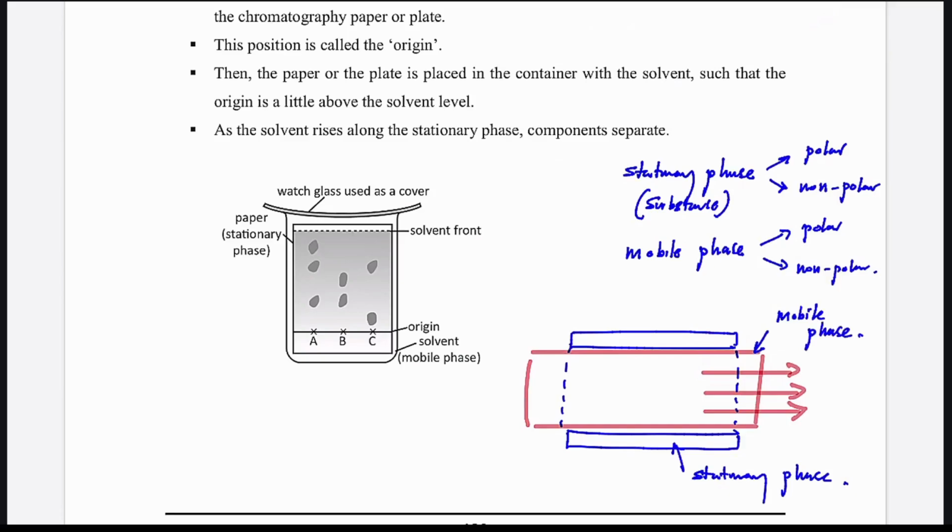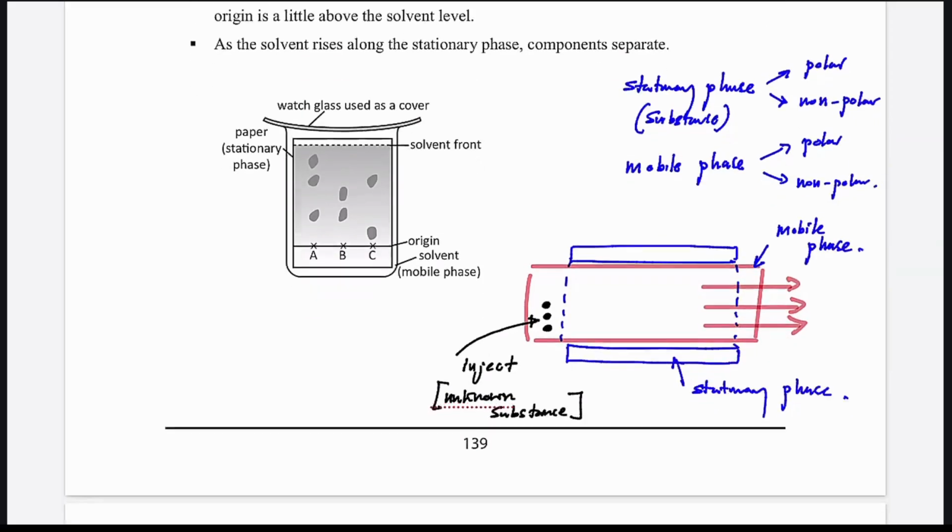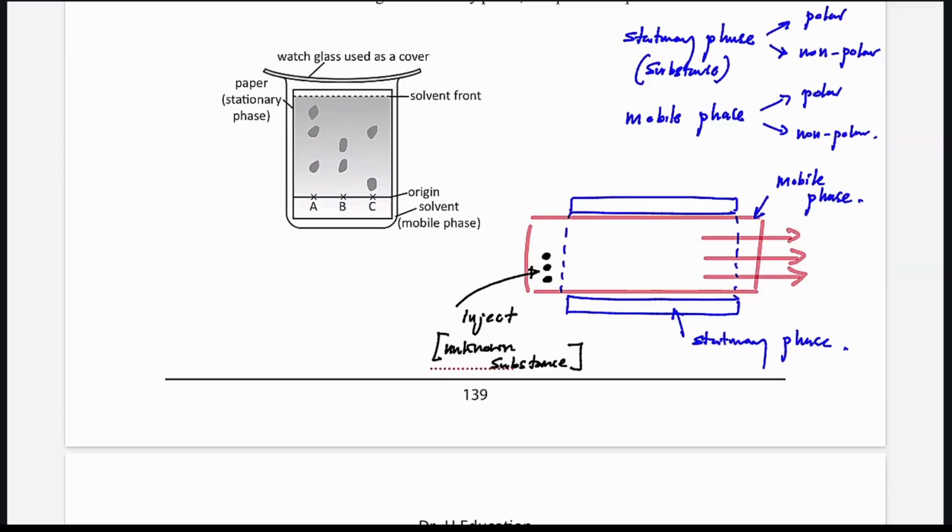Now what we do, we are going to inject the unknown substance. There are 3 molecules, for example. Now you tell me, if this unknown substance is going very fast, what is your conclusion?